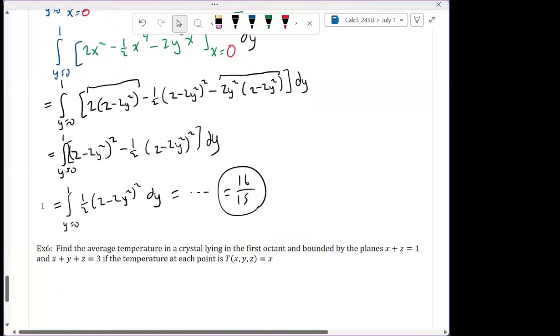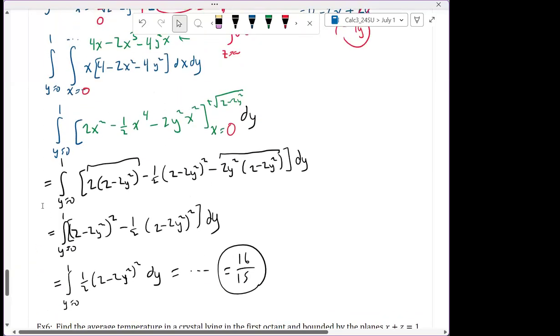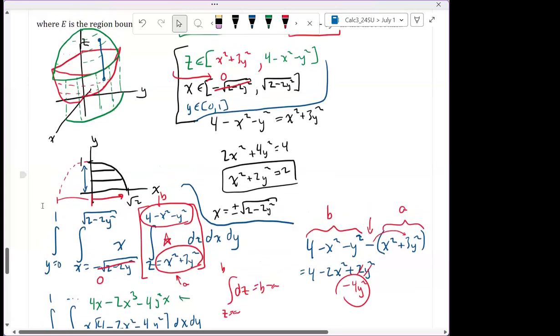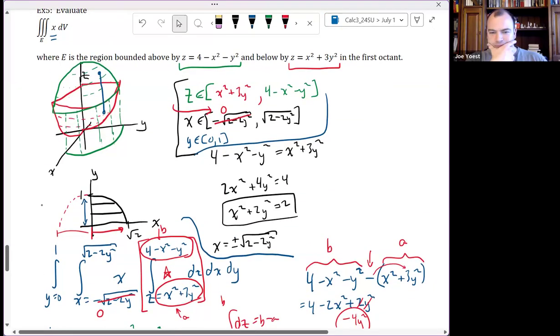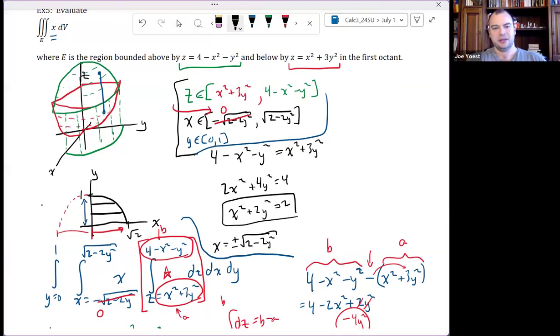Does that happen for every first octant problem or no? I mean, probably for a lot of the ones you're going to see in a class like this, but not necessarily.